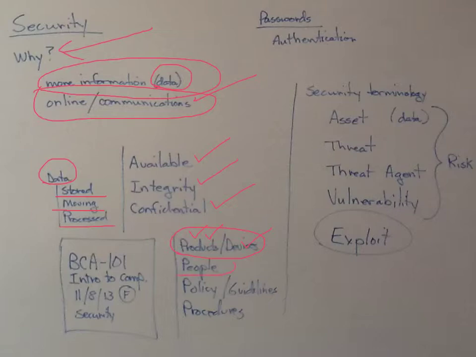Another area we need to work with are the people, in terms of understanding what they can and can't do. A lot of exploits that we'll talk about in a minute occur from people either maliciously doing something wrong or accidentally doing something wrong.